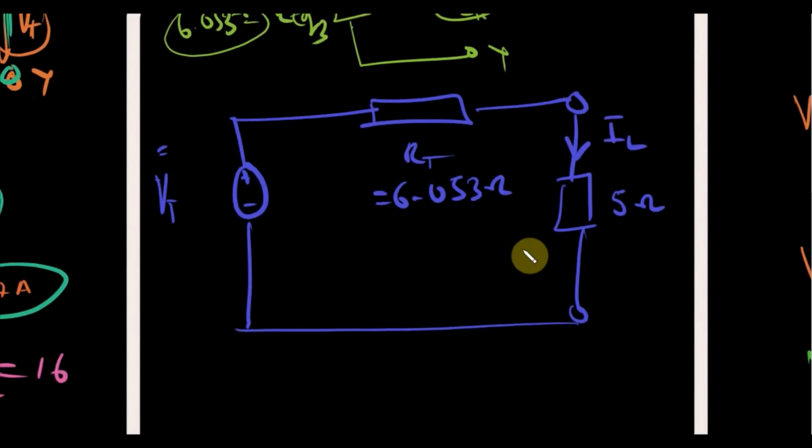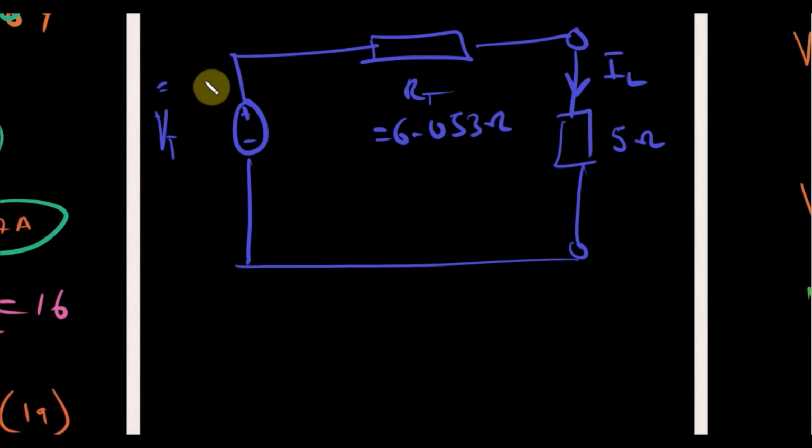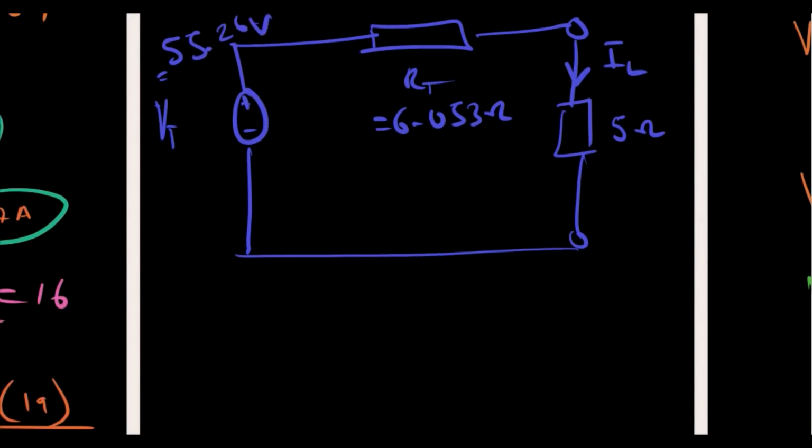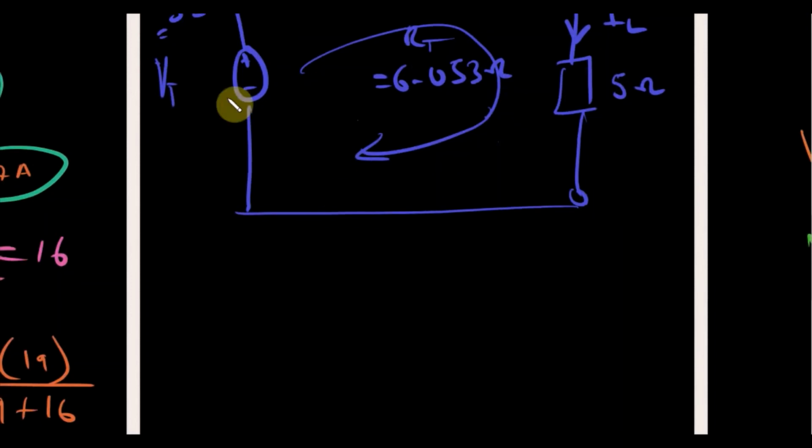IL, and what is this? This was Thevenin voltage, which is 55.26 volts. So what is IL? The current in the circuit. Easy.